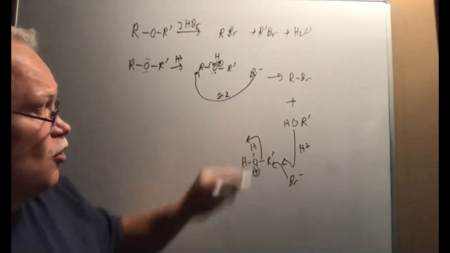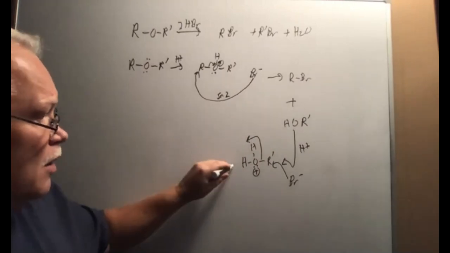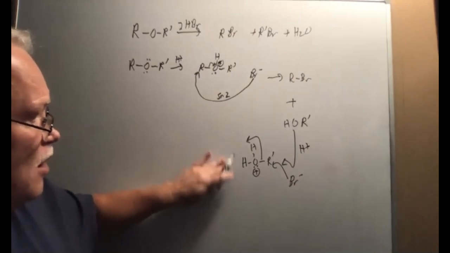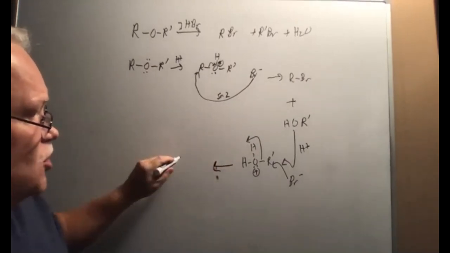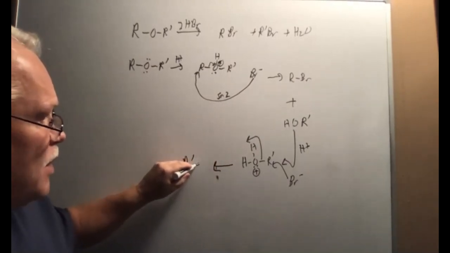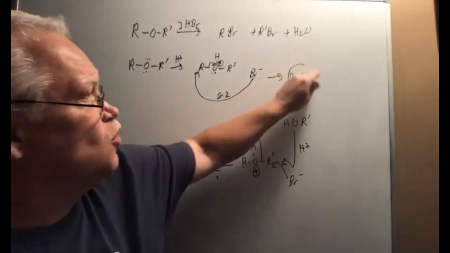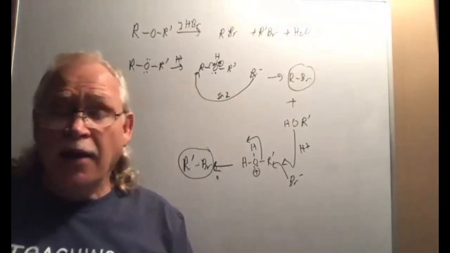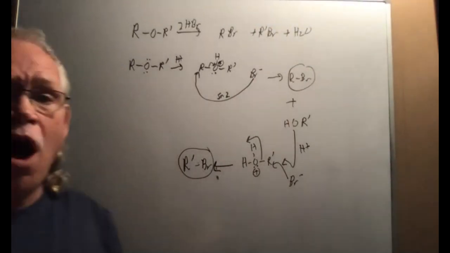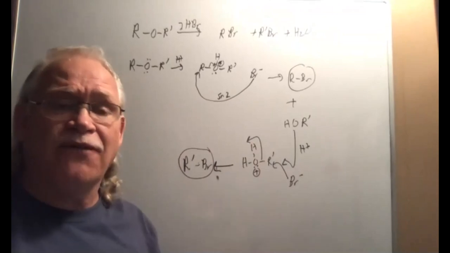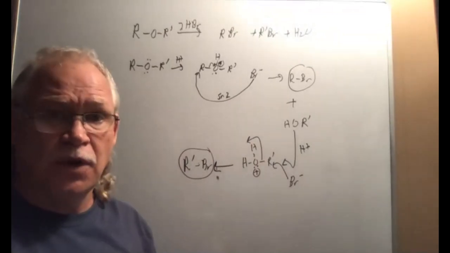Notice the leaving group this time is water. And notice what the product of this reaction is. R prime Br. So notice what we get: 2 alkyl halides. And if we do this reaction in water, the alkyl halides are insoluble in the water and they settle out from the reaction mixture.